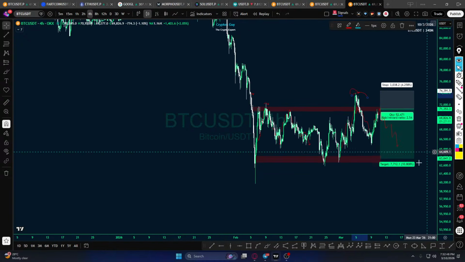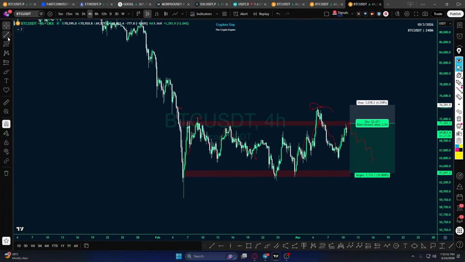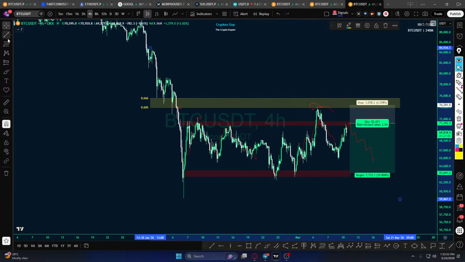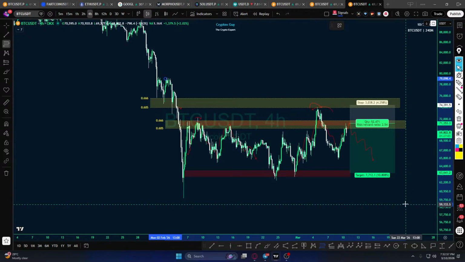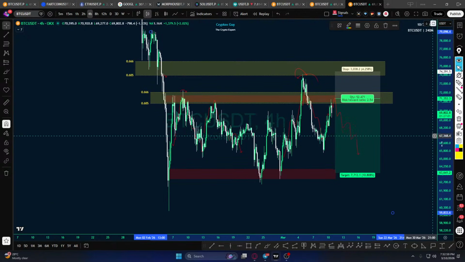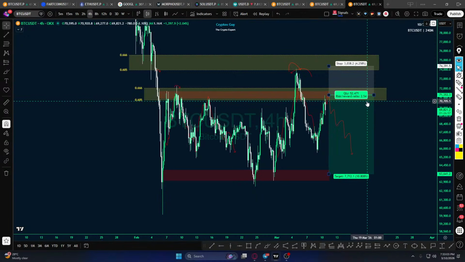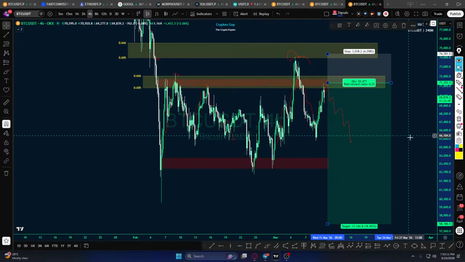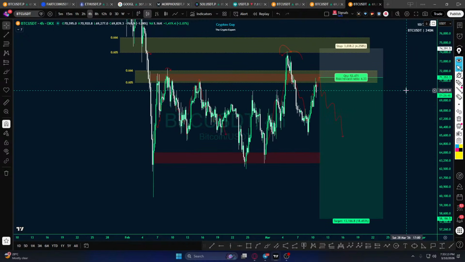One thing I have noticed over here is that we have some golden pockets. At this point we have a golden pocket, and if we rotate by this, then we have a golden pocket over here. So we have two golden pockets. If you want to take a swing trade, you can take entry 1 here, entry 2 here. My analysis is that we will go to $58,200 in the upcoming 2 months, or maybe 1 month depending on the chart.